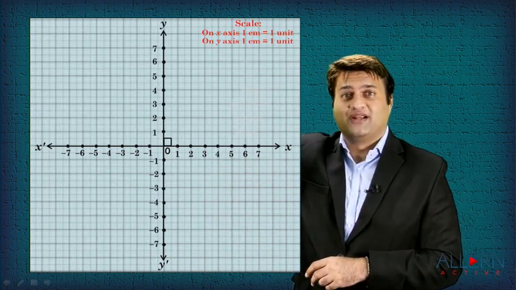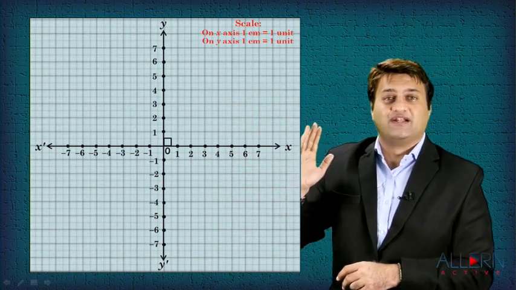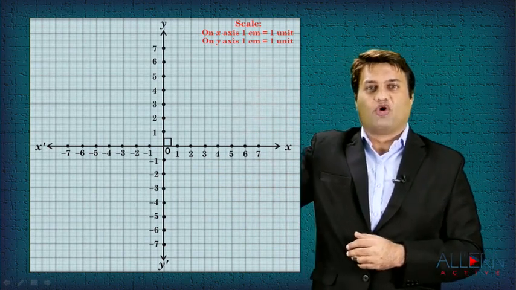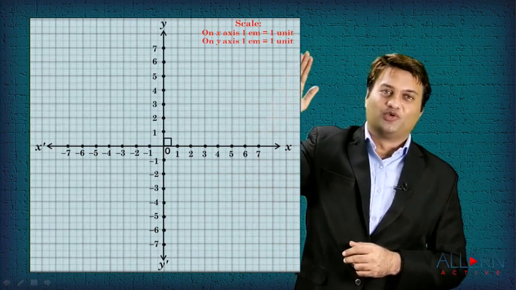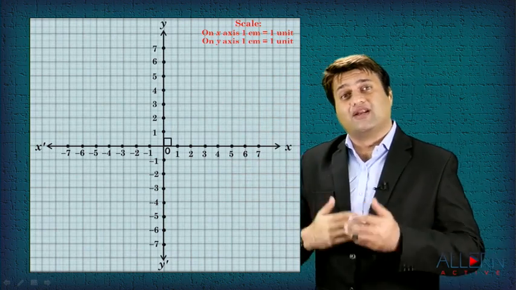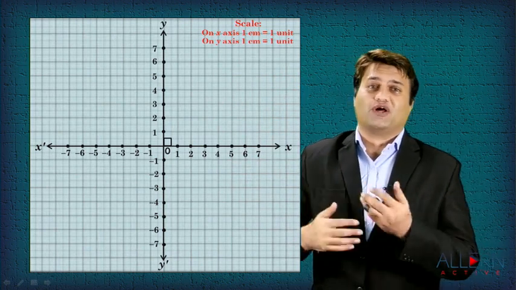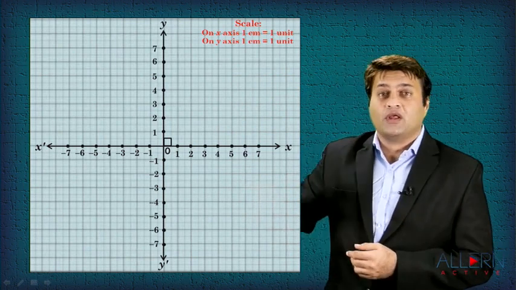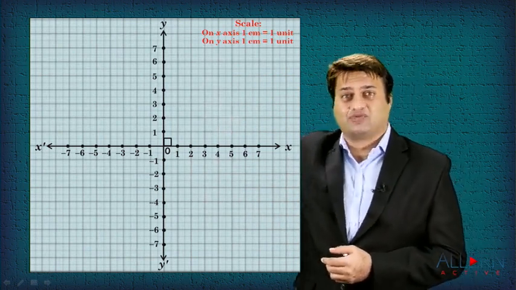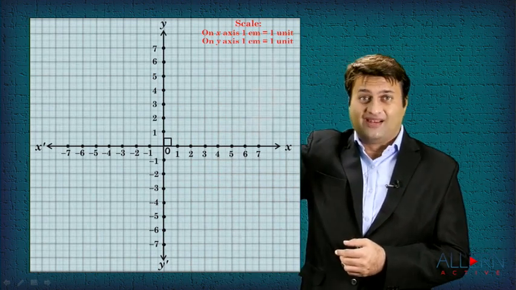And don't forget to write the scale, and scale will always be 1 centimeter is equal to 1 unit on both the axes. So either you can write on x axis 1 centimeter is equal to 1 unit, on y axis 1 centimeter is equal to 1 unit, or you can directly write 1 centimeter is equal to 1 unit on both the axes, right? So proper lines at the center, axis x, x dash, y, y dash, origin, scale.